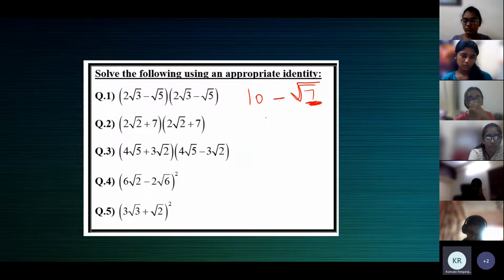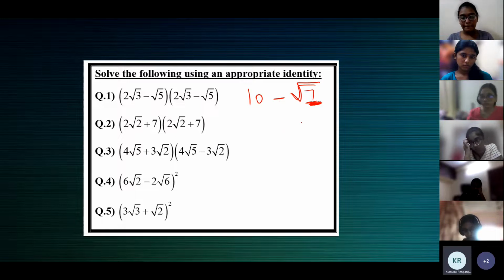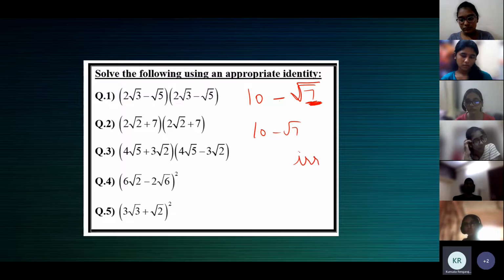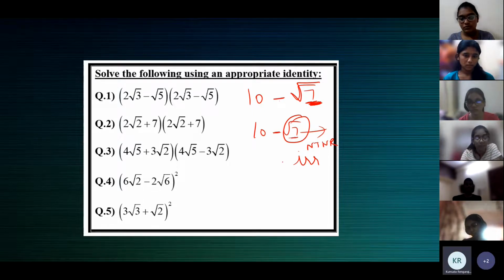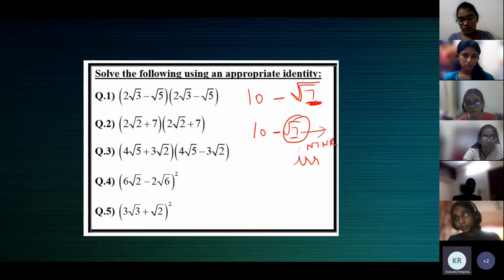The difference will also be non-terminating and non-repeating. So 10 minus root 7 is irrational, because root 7 is irrational.